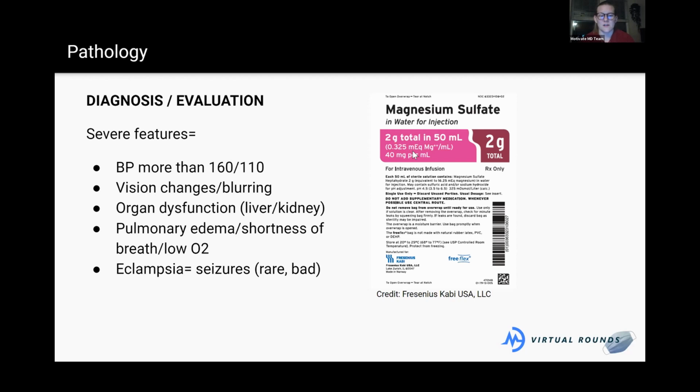And so that's obviously not good. And then, as we mentioned before, with eclampsia, that's going to be when you start to get seizures from the brain having so much dysfunction and such high pressure that it causes seizures. And that's very bad. So, what do we do for this? We give magnesium sulfate.